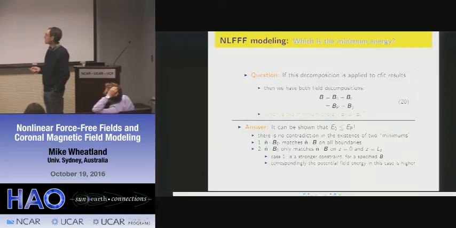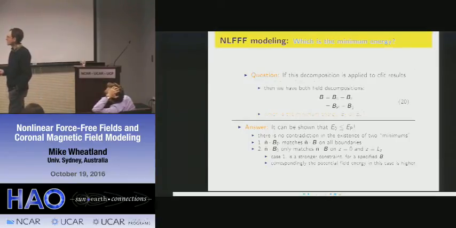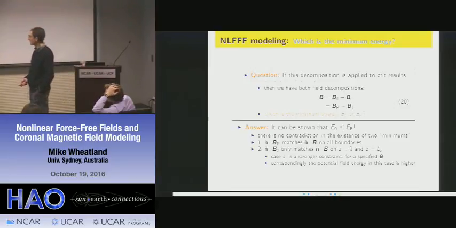With the one that's used in the code, you're only matching the normal component on the top boundary and on the bottom boundary. So Bp is a stronger constraint on your field, if you like, and with B naught you allow more freedom. You only require periodicity on the side boundaries for this field B naught. And correspondingly, your minimum's a little bit lower in that case. So you've got to relax the constraints a bit.